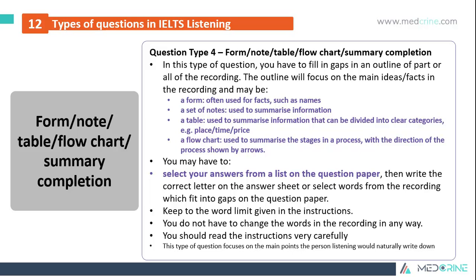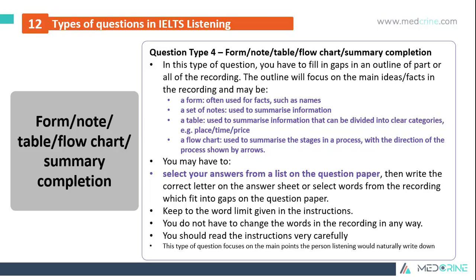Another type of question you find in IELTS listening is the form or note, table, flowchart or summary completion question. In this type of question, you have to fill in gaps in an outline or part of the recording.